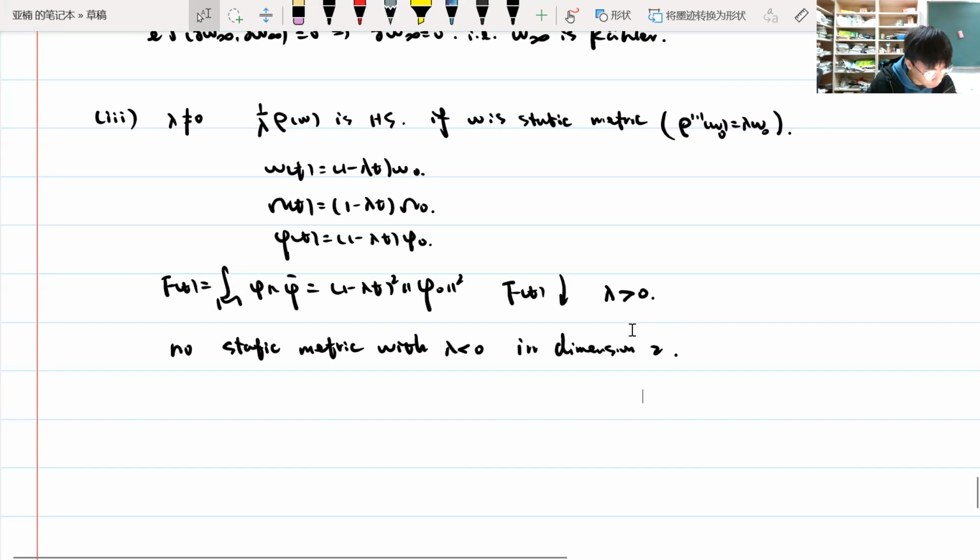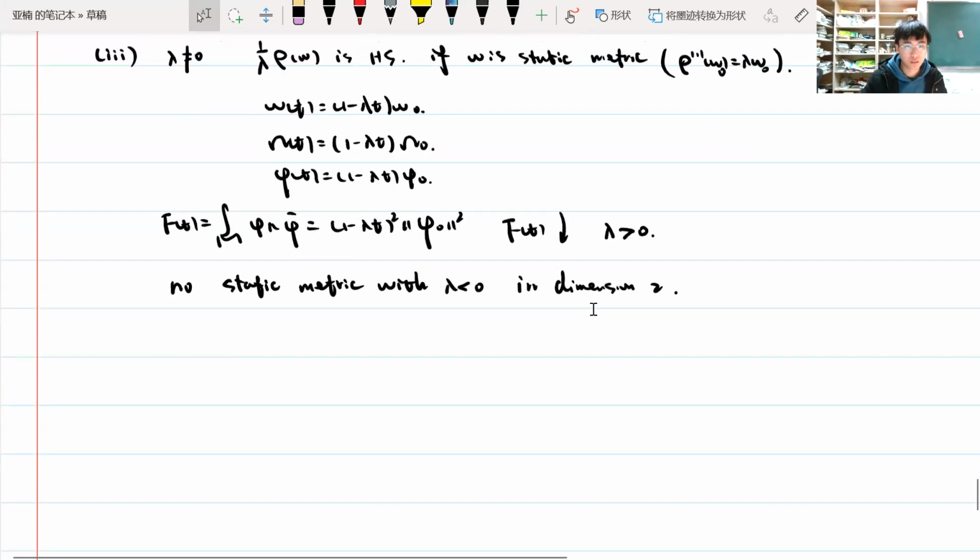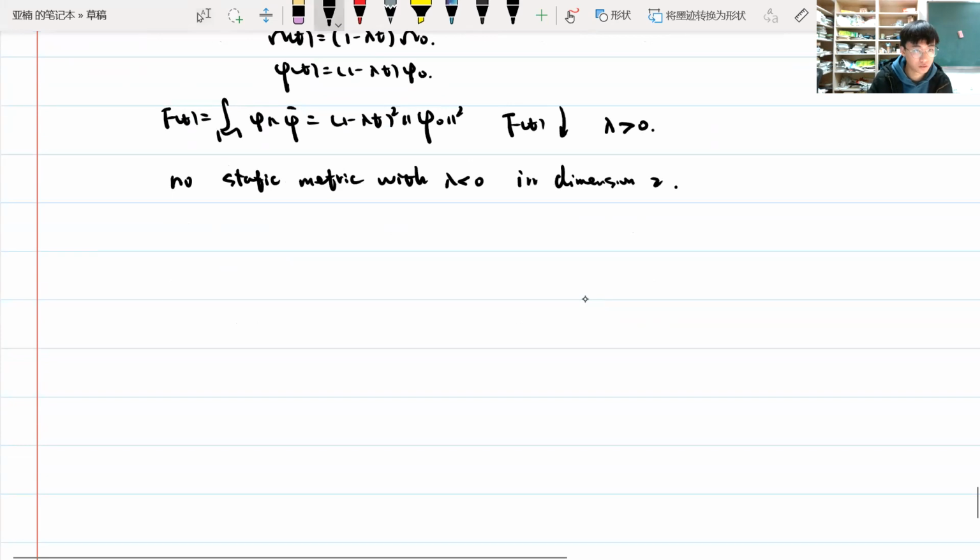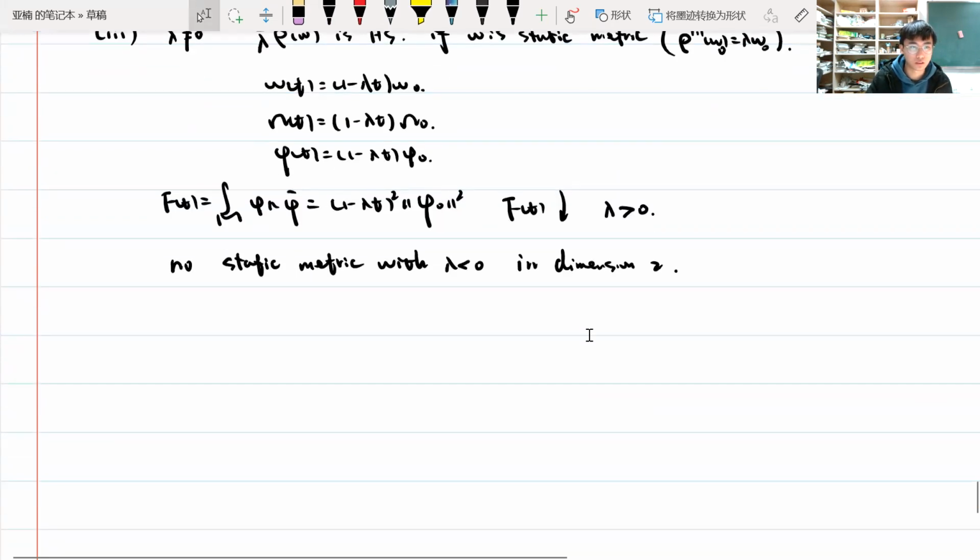And I'd like to give another viewpoint of the evolution equation of the 2,0 form in dimension 2.